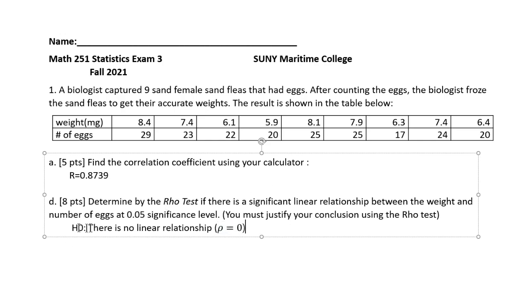That's your null hypothesis. But if it's determined that this value is too high to be thought to be made by chance at 0.05 significance level, then you have to choose the alternative hypothesis, which says that there is a linear relationship between the variables. In other words, rho should not be 0.